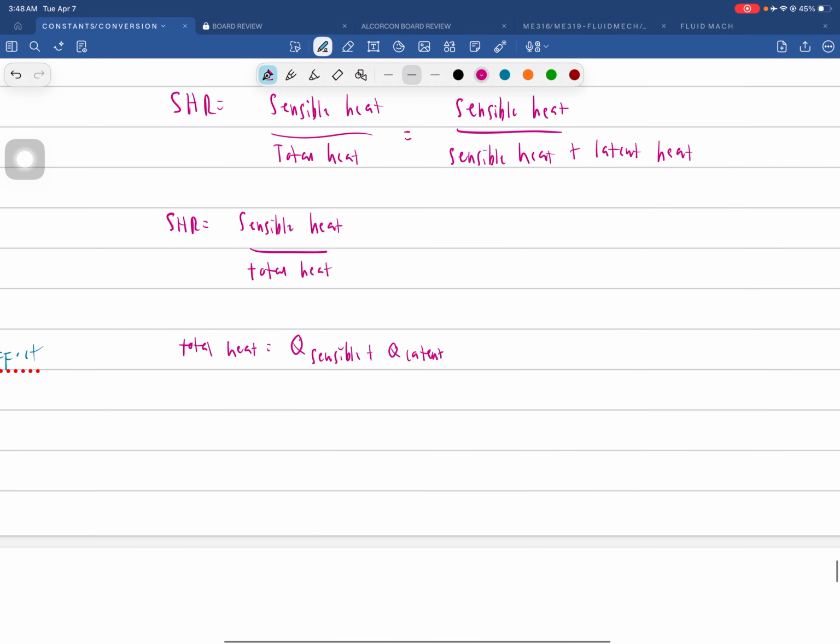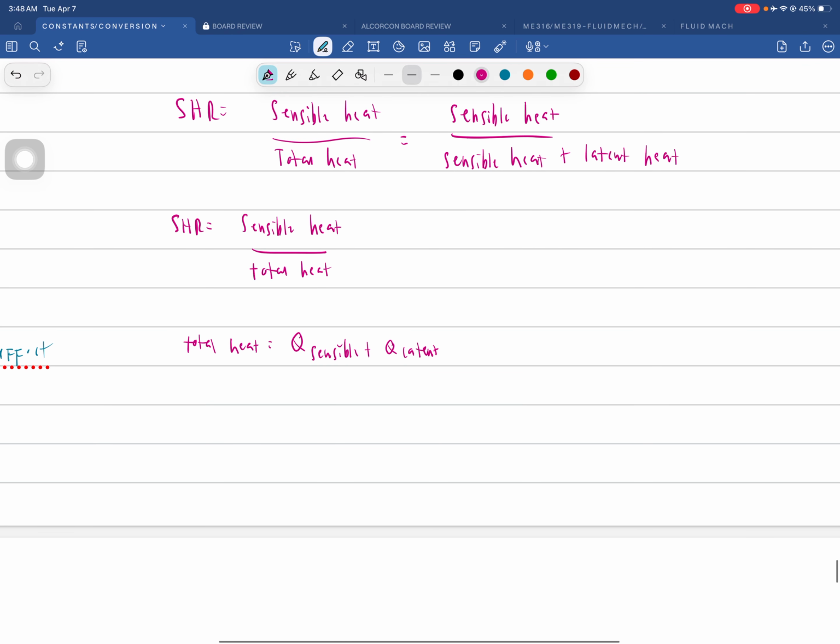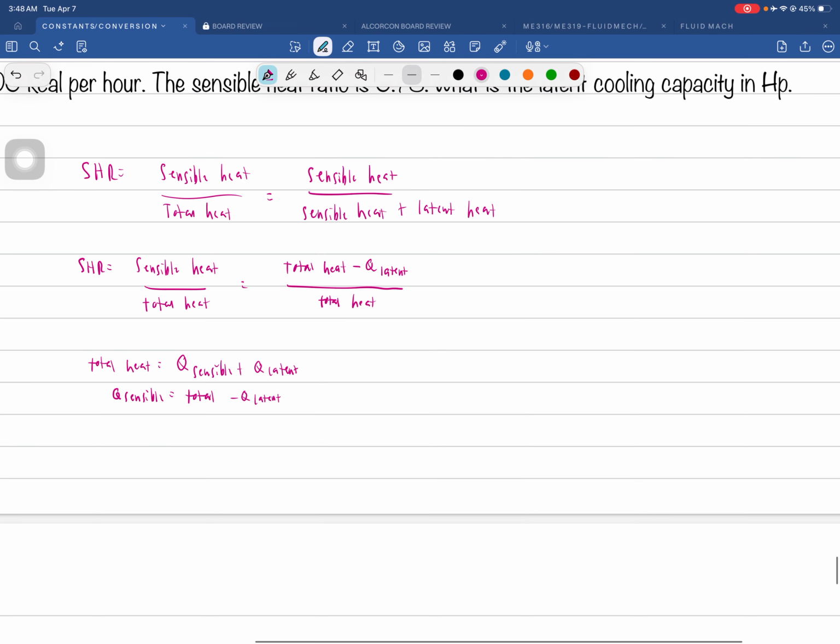So if we would just want the sensible one, Q sensible equals total minus Q latent, no? In this case, we can say that total heat minus Q latent over total heat. Okay?